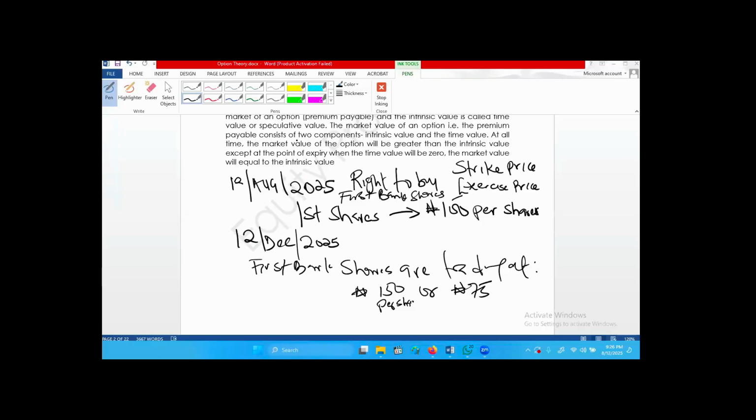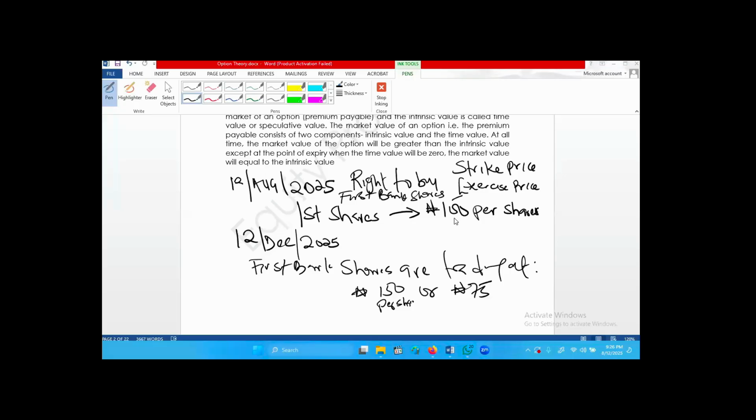Finance Minister said yes. The appropriate response is yes. You have obtained a right to buy First Bank shares at 100 naira. On getting to December, First Bank shares are trading for 150.